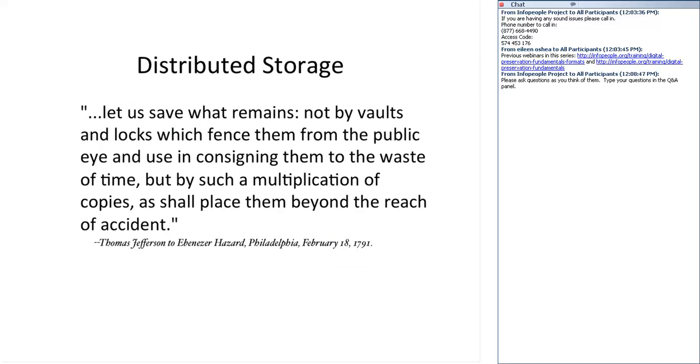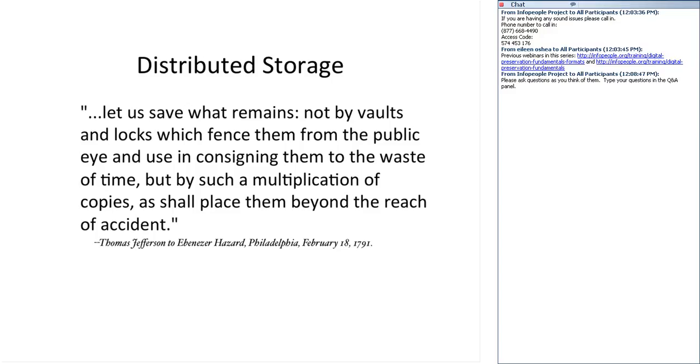And LOCKSS points to this line from Thomas Jefferson to Ebenezer Hazard that really led to the development of the government printing office. "Let us save what remains, not by vaults and locks, which fence them from the public eye and use in consigning them to the waste of time, but by such a multiplication of copies as shall place them beyond the reach of accident."